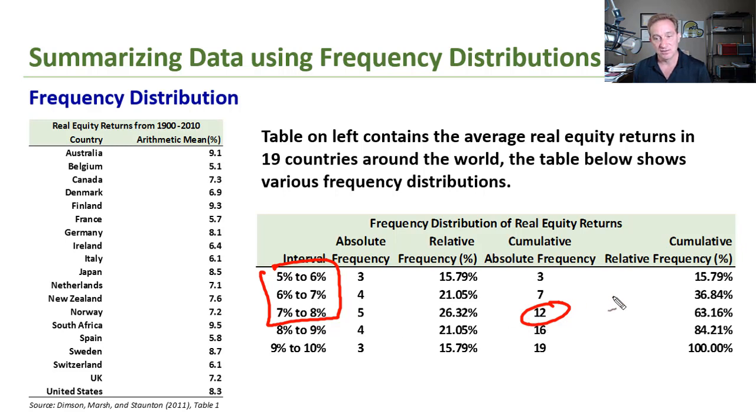Cumulative less than. And similarly, we have cumulative relative frequency. So we could say of the 19 sampled, about 63.2% of the sample has an arithmetic mean that's less than 8%.